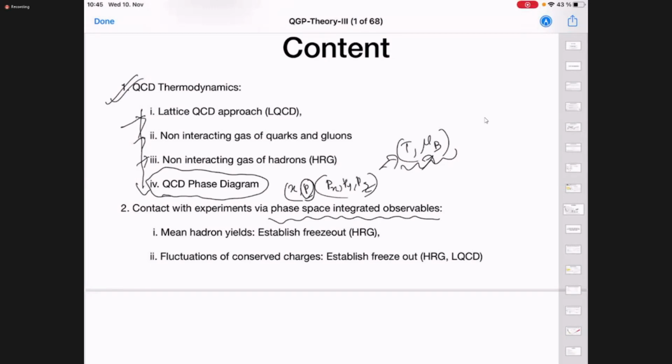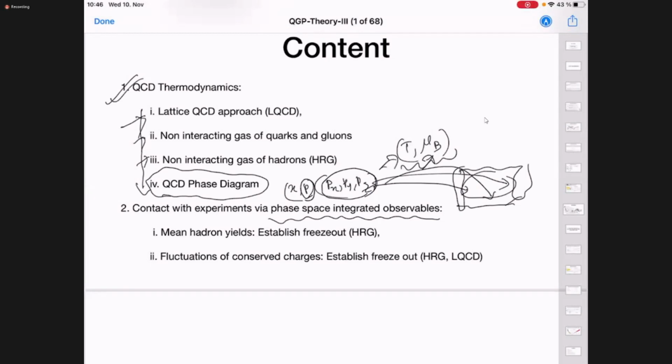from the spatial points of the fireball, suppose this is my cylindrical fireball, that point could have come from here, could have come from here, anywhere, right? Because we don't know. We are just measuring the momentum space. So in that sense, you could say that the space is also integrated.